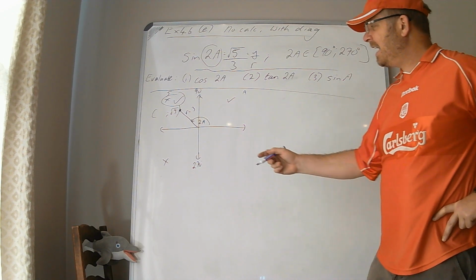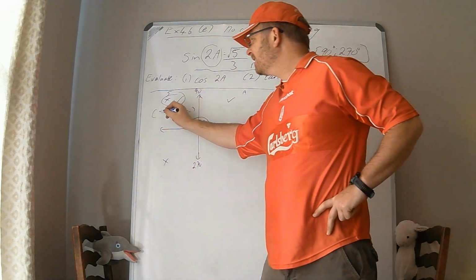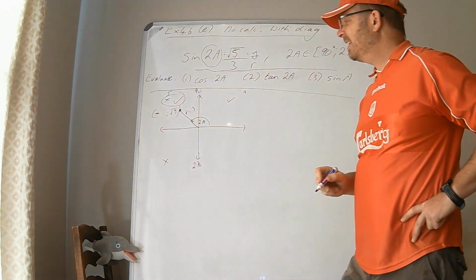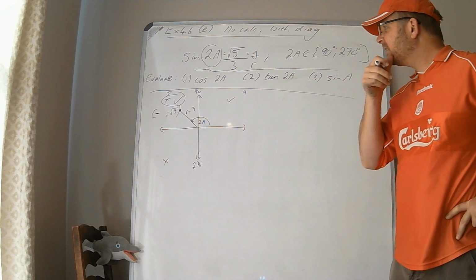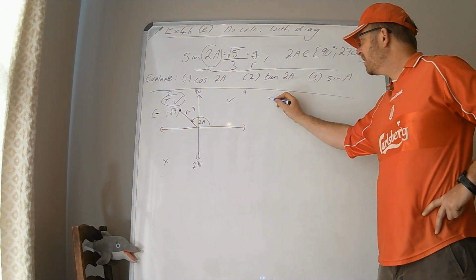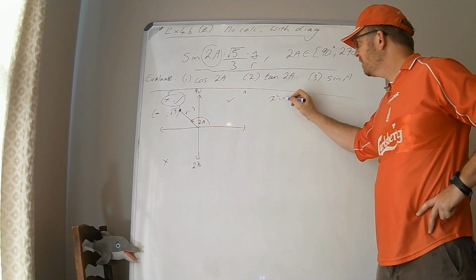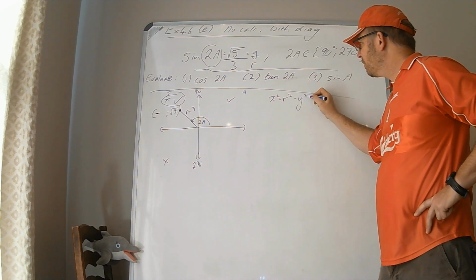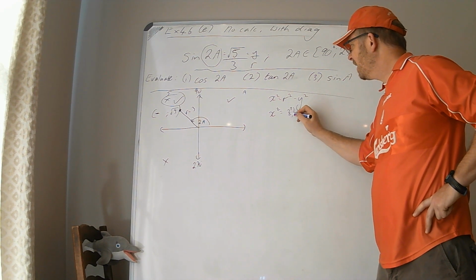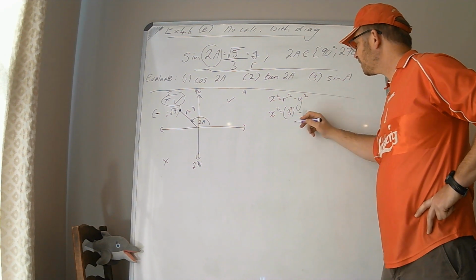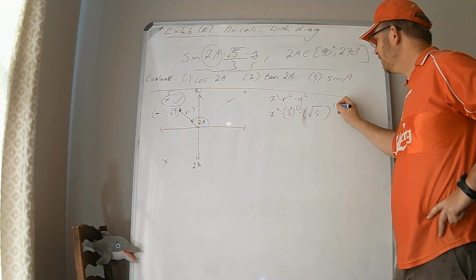Okay, why do we need the diagram? The diagram tells us, fill that in straight away, that the x coordinate must be negative. So go work out, solve for x, and you're going to get x squared is equal to r squared minus y squared. So x squared is equal to 3 squared minus √5 squared.